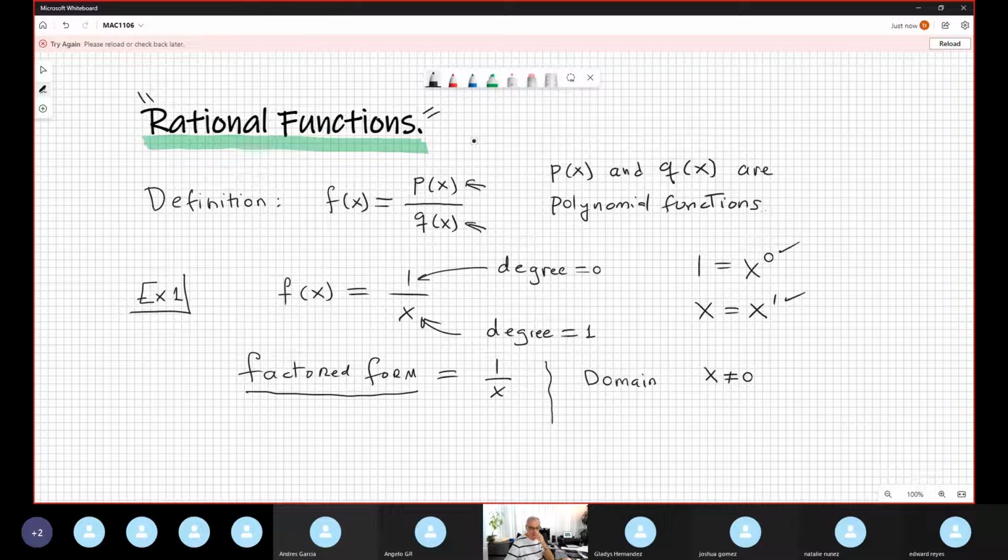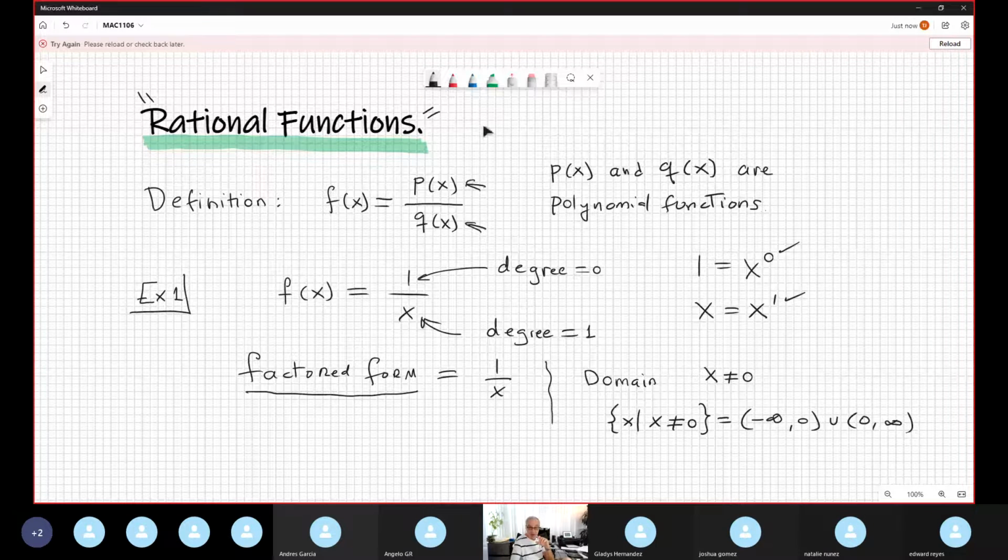This idea is presented in set builder notation as x such that x is not 0, equivalent in interval notation to negative infinity, comma 0, parenthesis, union, 0, comma infinity. Two different ways to express the same idea: set builder notation and interval notation.